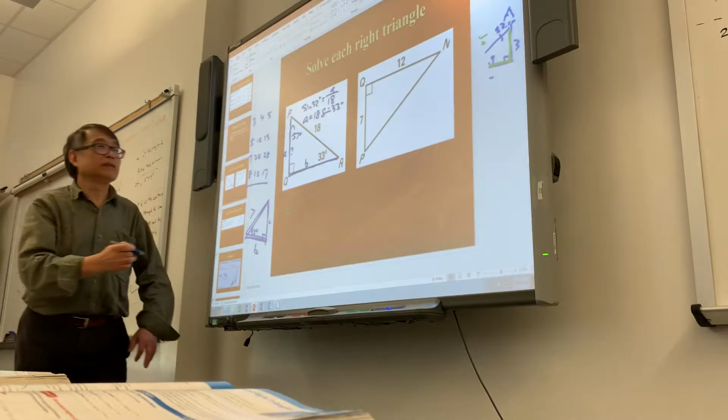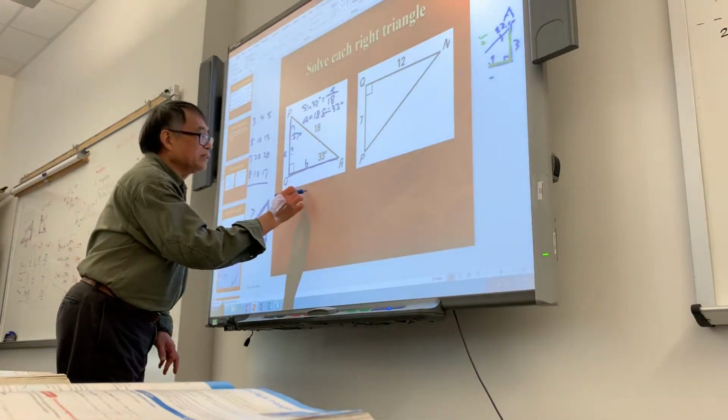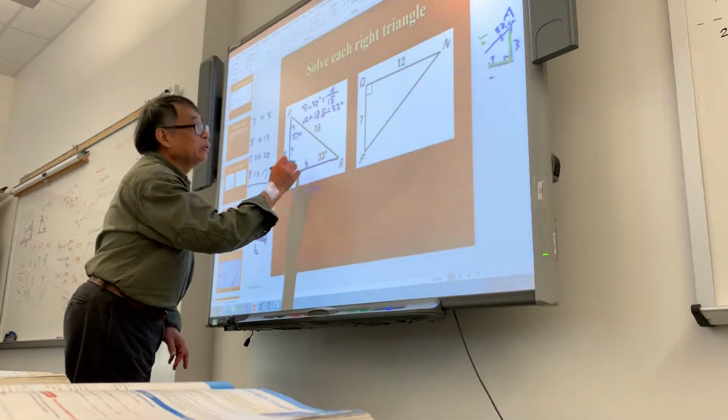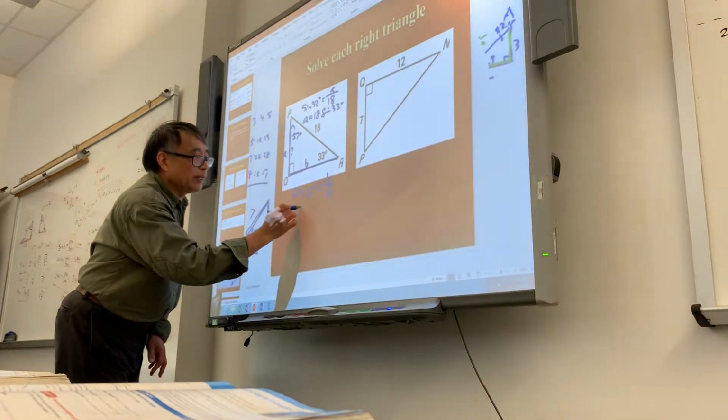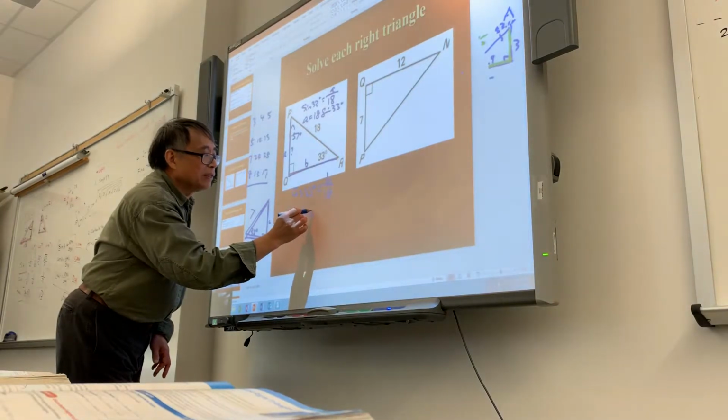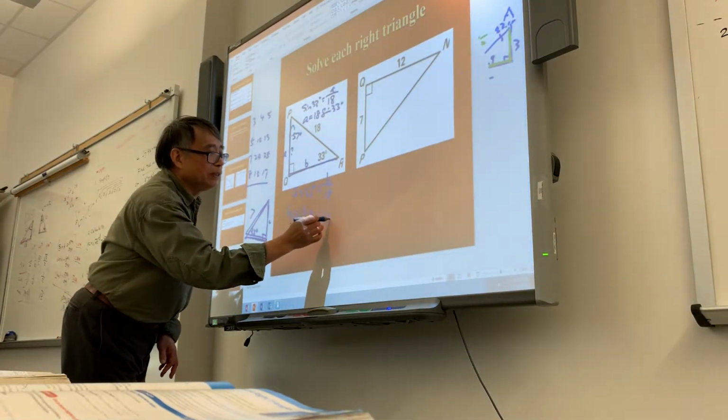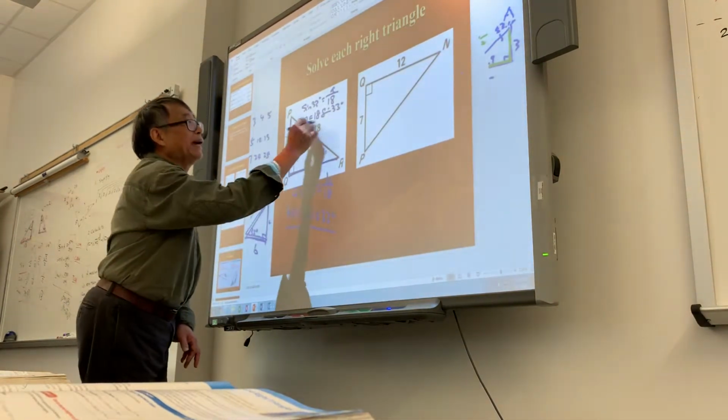Yes, cosine of 33, because cosine 33 degrees equals B over 18. So B equals 18 times cosine 33 degrees. If you have no calculator, this is perfect.